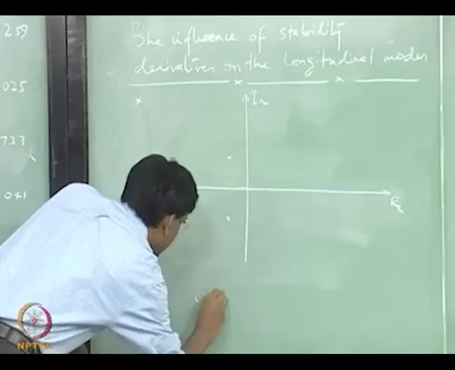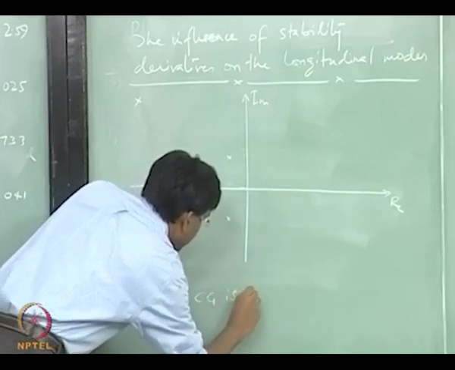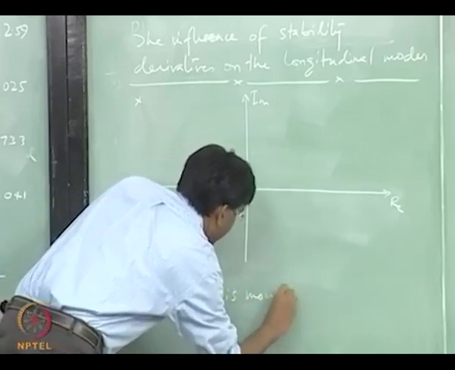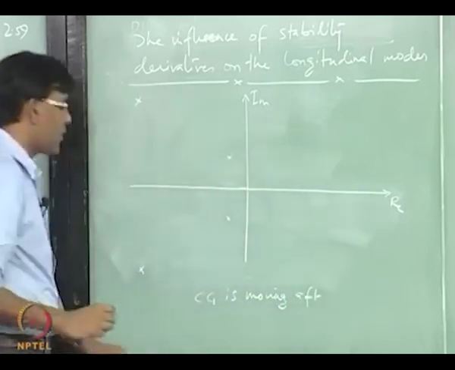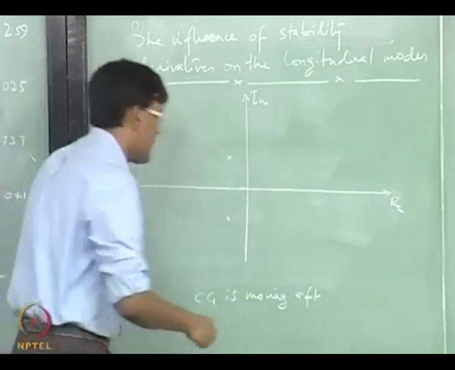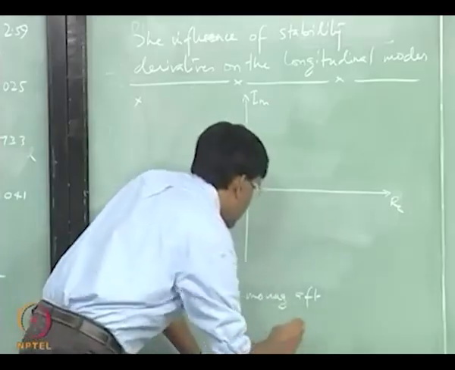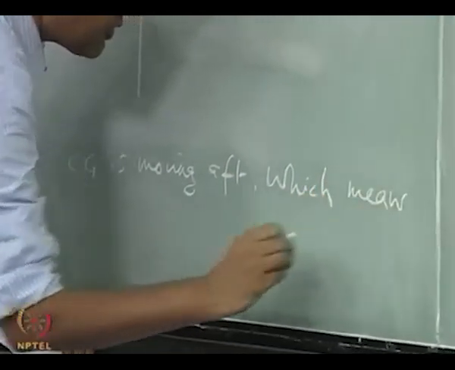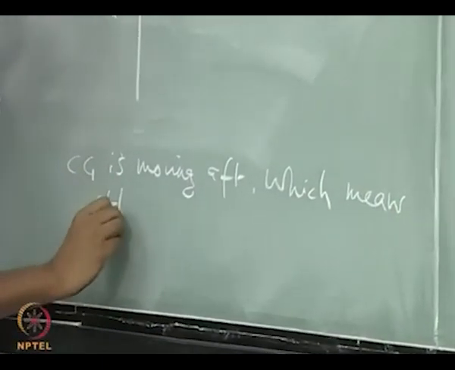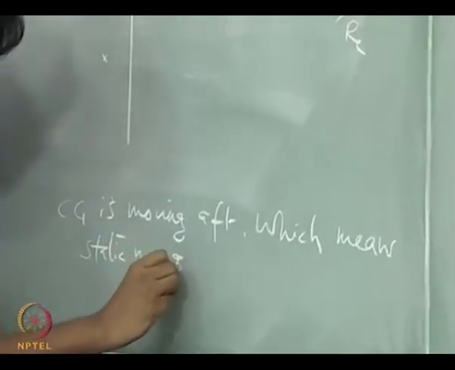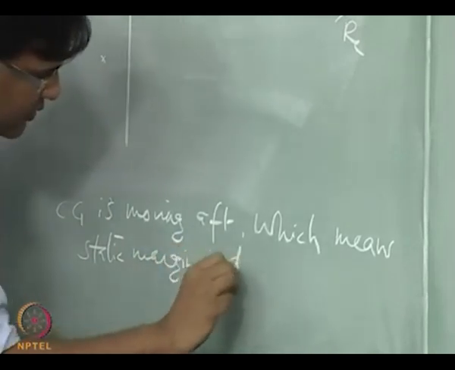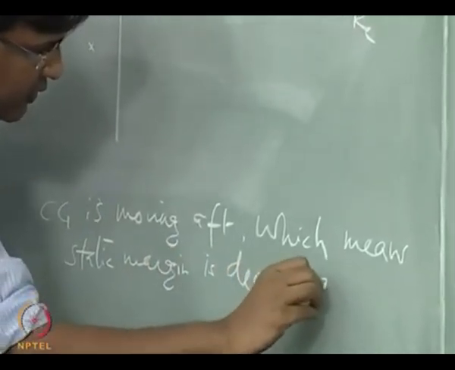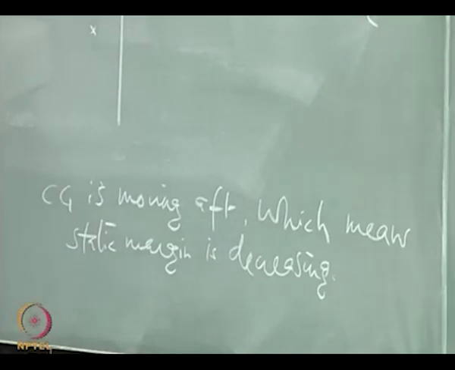So, CG is moving aft, in this particular case, which means static margin is... What we will do is we will stop here and we will continue from here tomorrow.